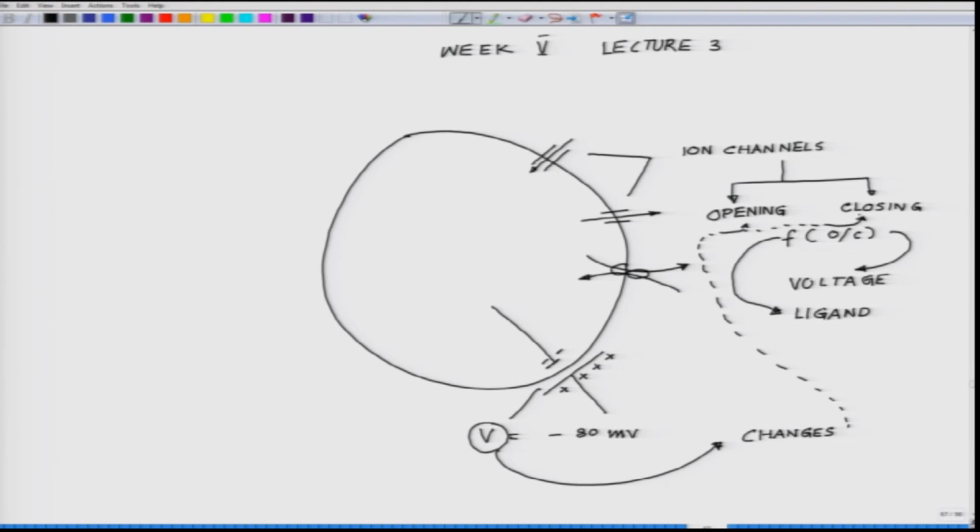That is why we call them voltage gated ion channels. Okay.